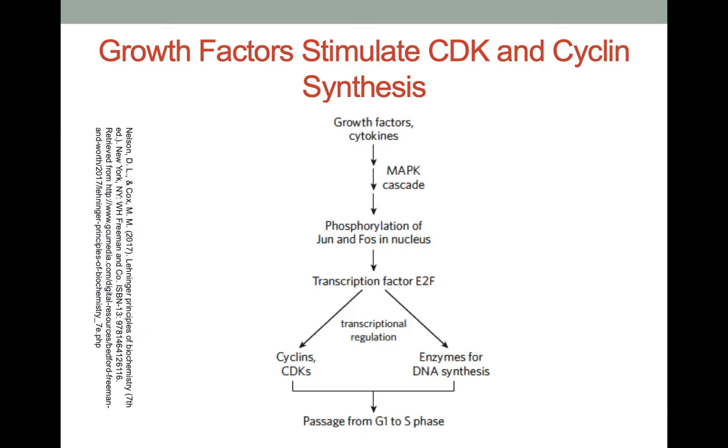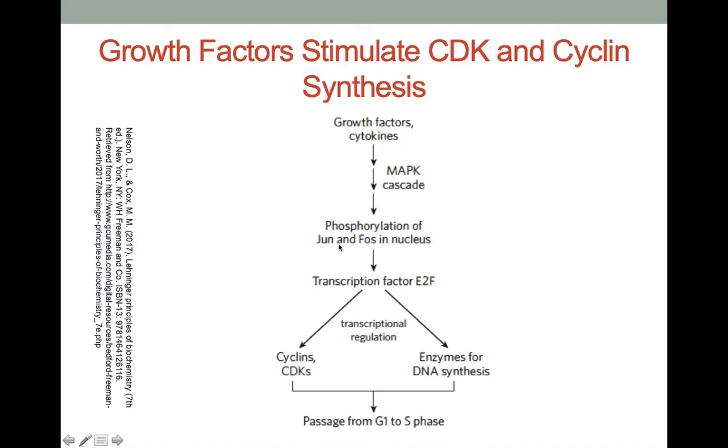So growth factors and cytokines both can use phosphorylation to activate various molecules. In this case, they're going to phosphorylate the Jun and Fos nuclear transcription factors in the nucleus.